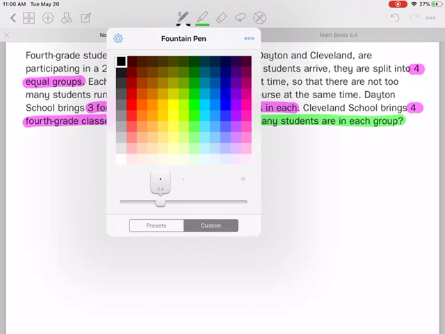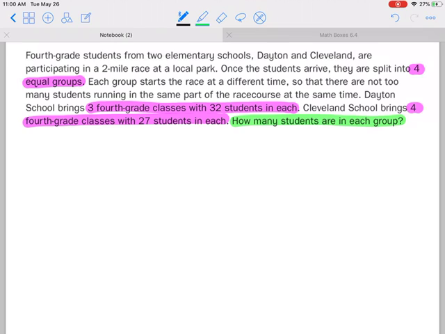That's the first thing I ask myself when I'm doing a multi-step number story: what are they asking? They're asking how many students are in each group, because they need 4 equal groups. They're taking all the 4th grade classes from each school and splitting them up into 4 groups.